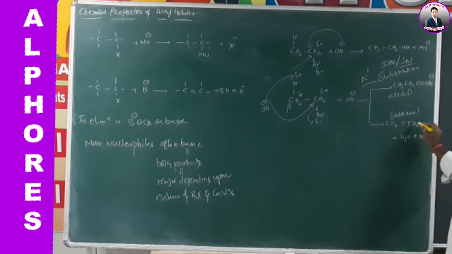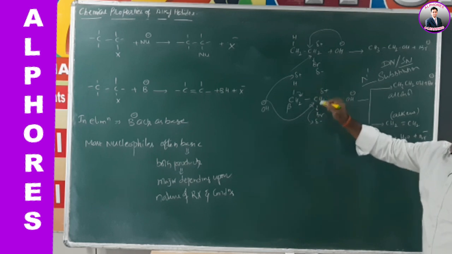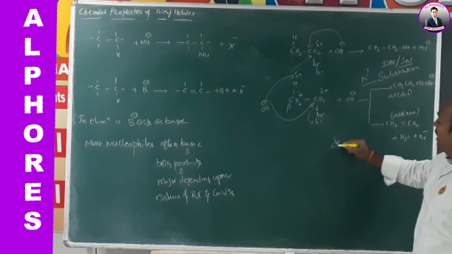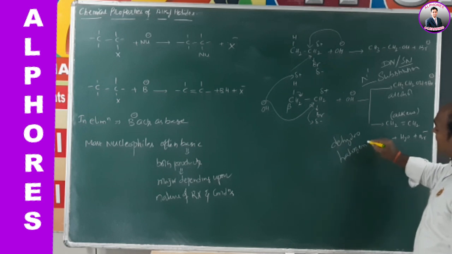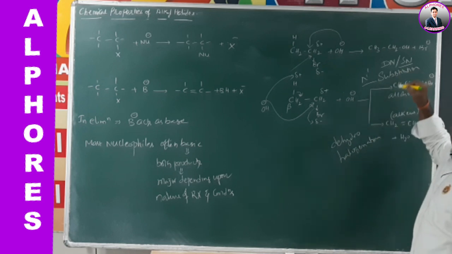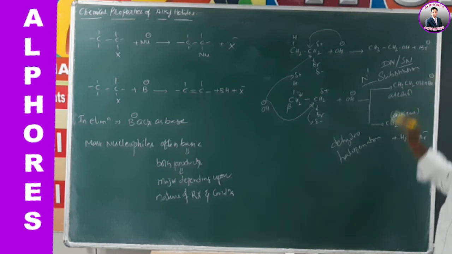And in this case elimination takes place, nothing but dehydrohalogenation. So one is elimination, another one is substitution.